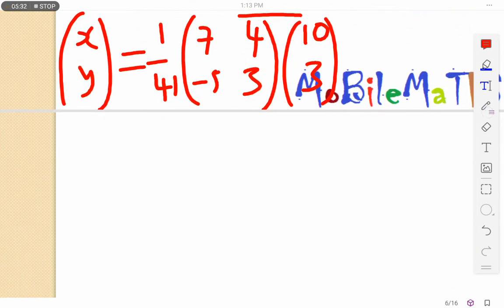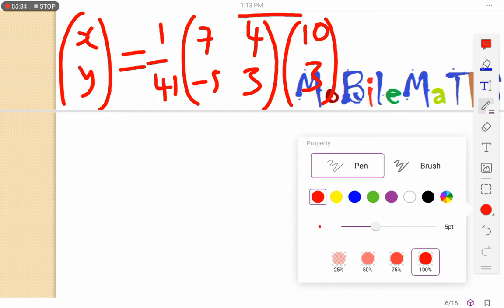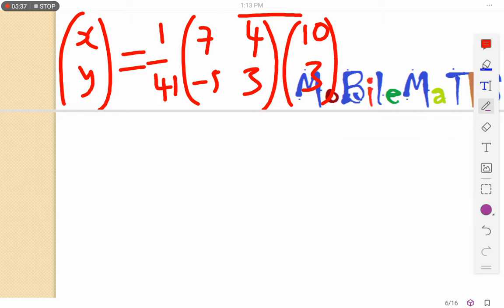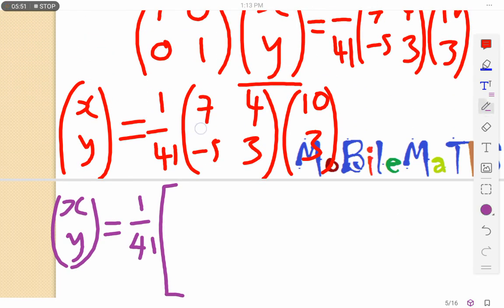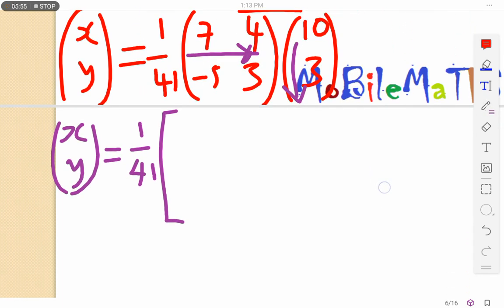Solving our matrix, so I'm now concentrating on the right hand side. So I'll have x y here is equal to 1 over 41. So I'll put my scalar later on. Then multiplying, we said we do the row by column method. Row multiplying by our column.